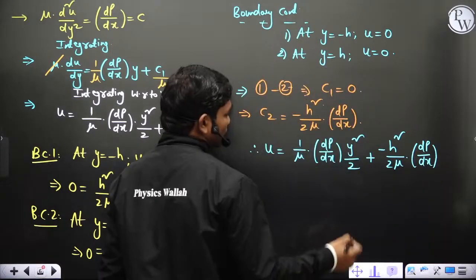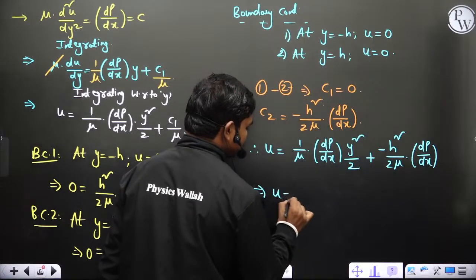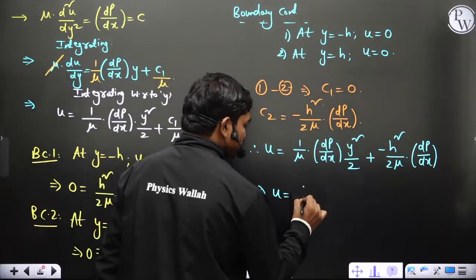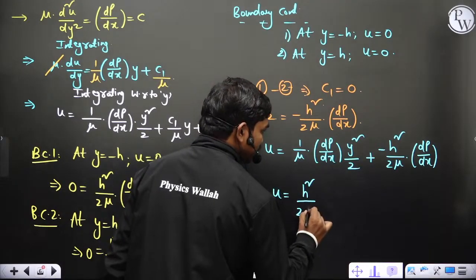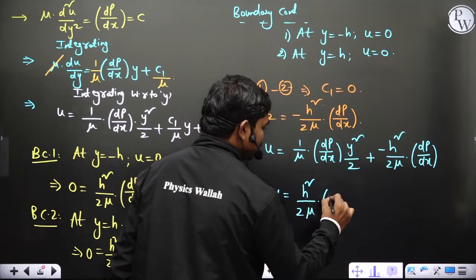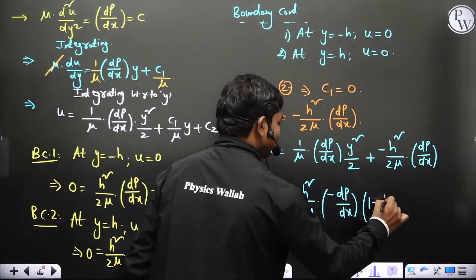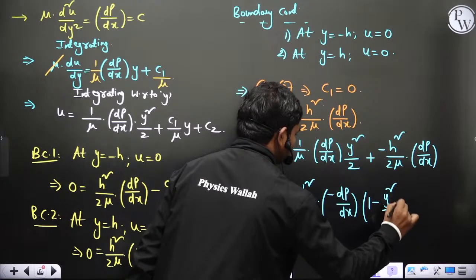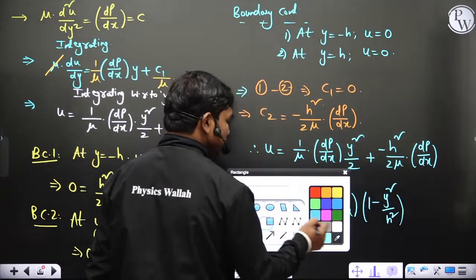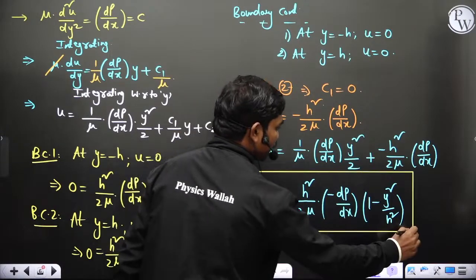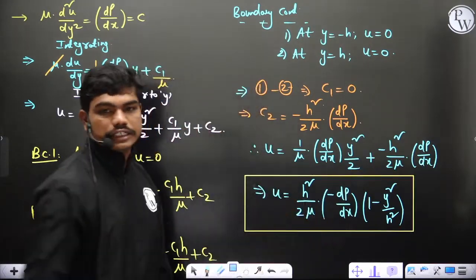If you take h square by 2 mu as constant and send the minus sign inside, minus dp by dx, this expression is 1 minus y square by h square, that's it. So this is actually the velocity profile in this case.